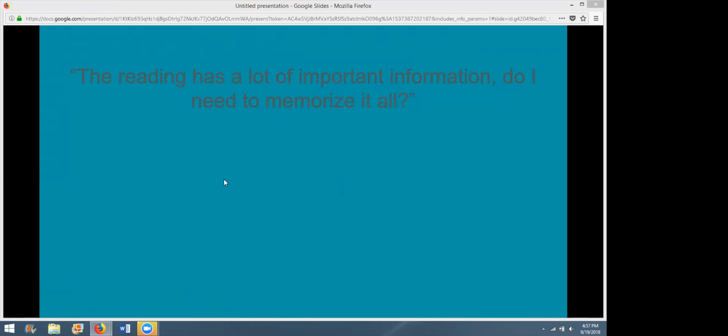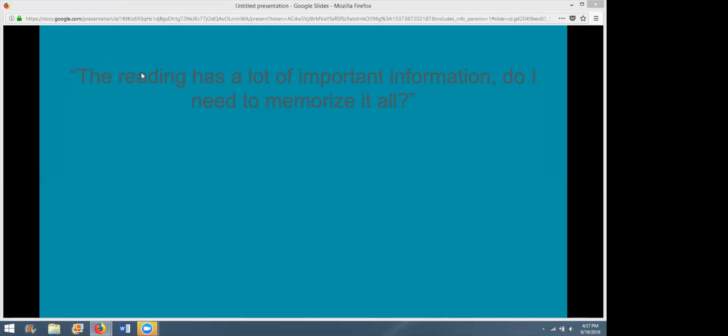Another quote, and these are quotes I take directly from other students in my chat messages, who freak out about history classes because there's just so much information. What do I do, Mr. Bishop? I'm hoping this session lowers the fright of history classes.